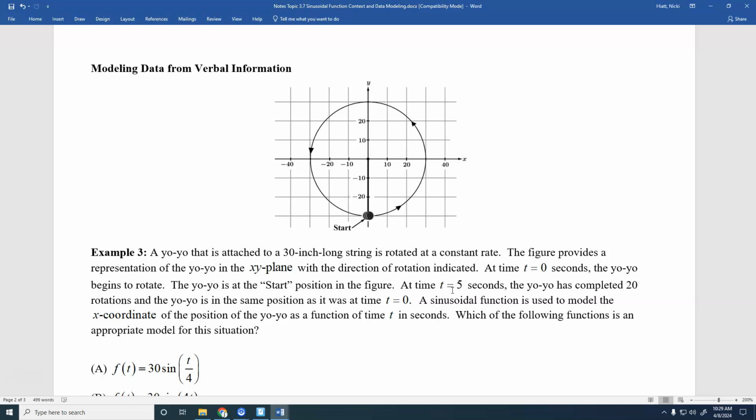At time t equals 5 seconds, the yo-yo has completed 20 rotations, and the yo-yo is in the same position as it was at time t equals 0. A sinusoidal function is used to model the x-coordinate of the position of the yo-yo as a function of time in seconds. Which of the following functions is an appropriate model for this situation?